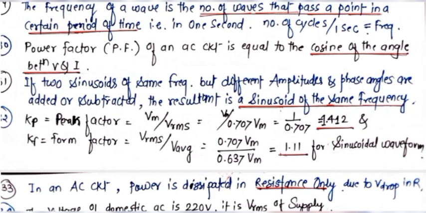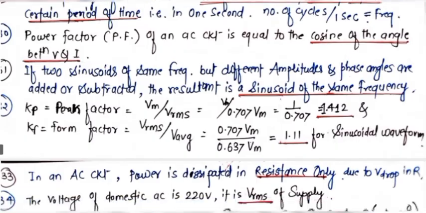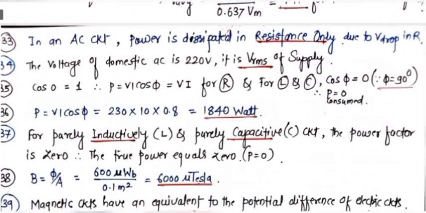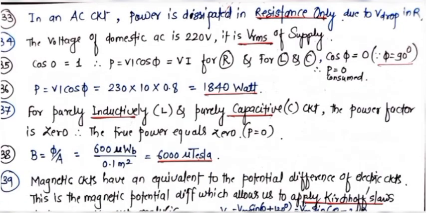Peak factor is equal to the ratio of maximum value to the RMS value, and that is equal to 1.414, and form factor is the ratio of RMS value to the average value, that is equal to 1.11 for a sinusoidal waveform. These are the constants for designing electrical equipment.